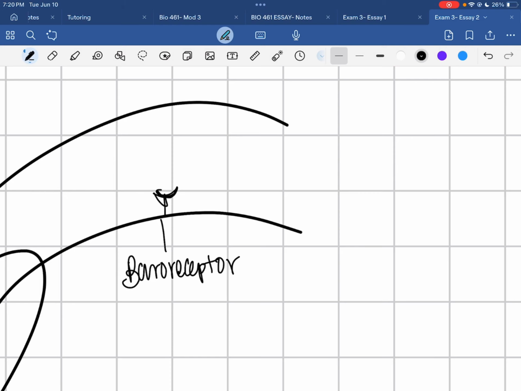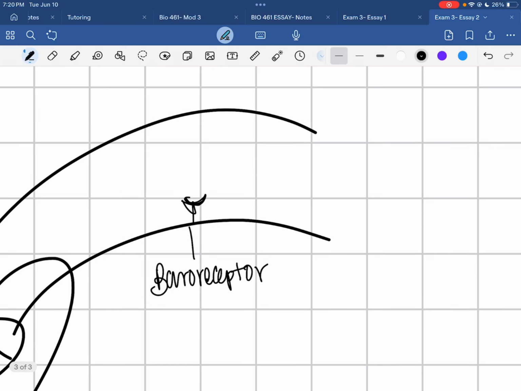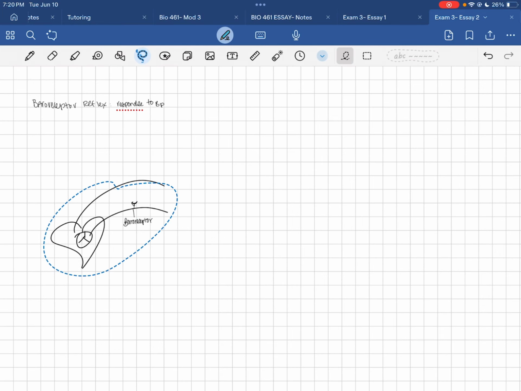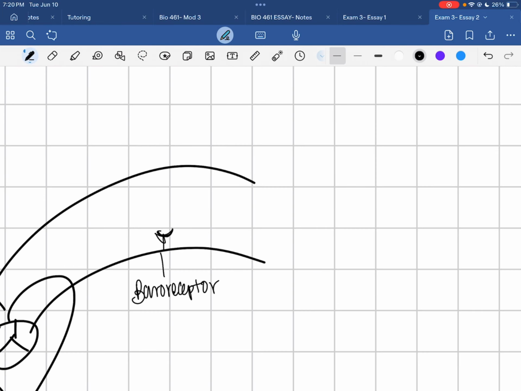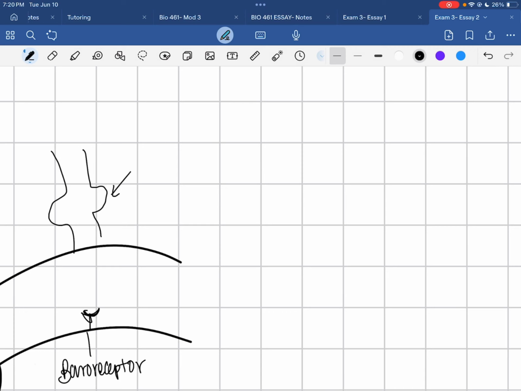So this would be our baroreceptor, and it's going to sense stretch in the aortic arch and the carotid sinuses.